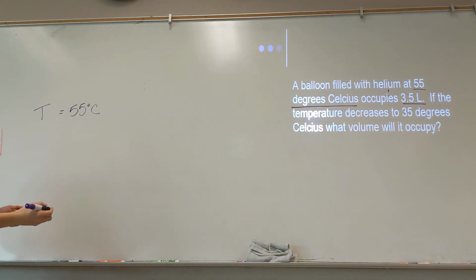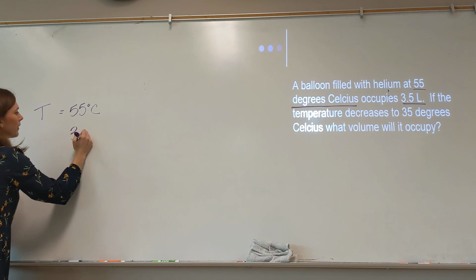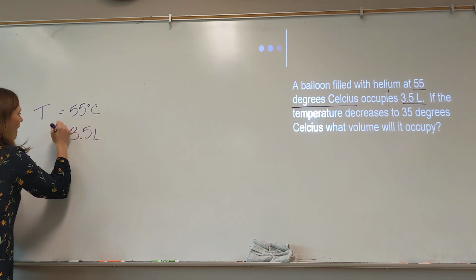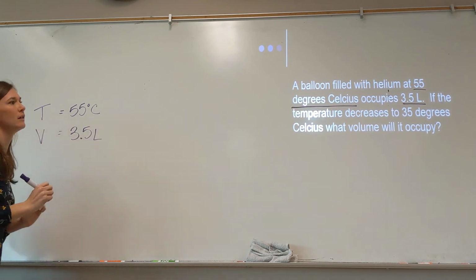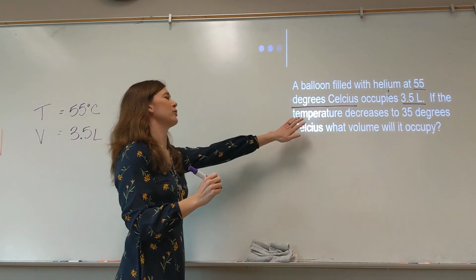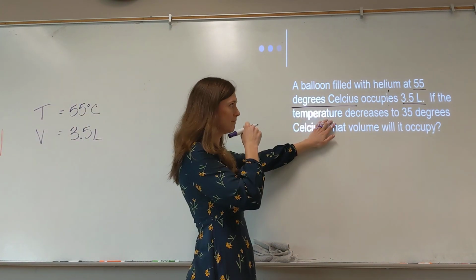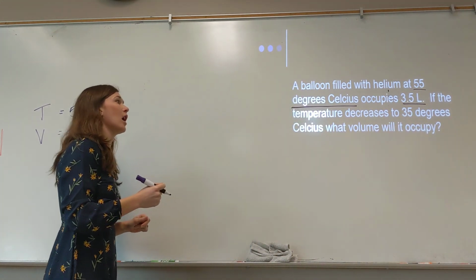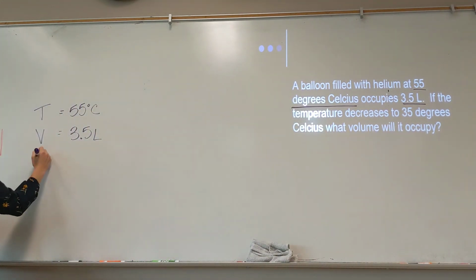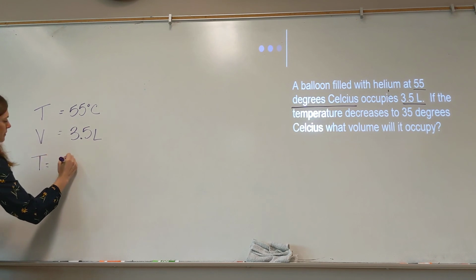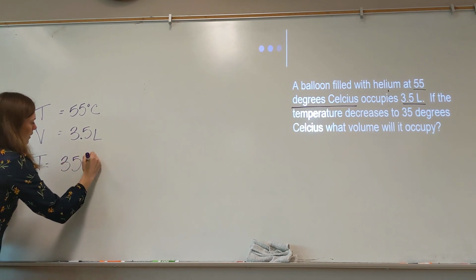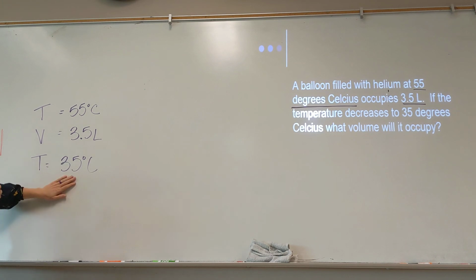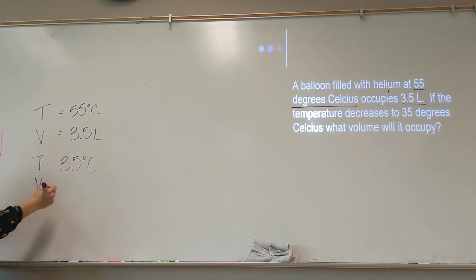3.5 liters is a volume. It says if the temperature decreases to 35 degrees Celsius, what volume will it occupy? So now I know that I'm looking for a volume.